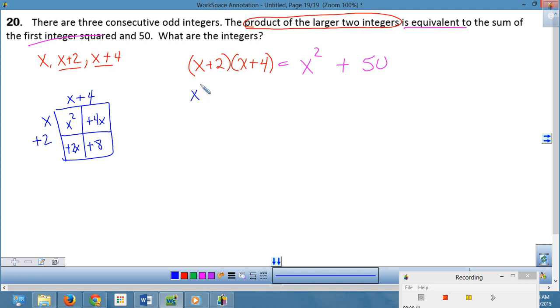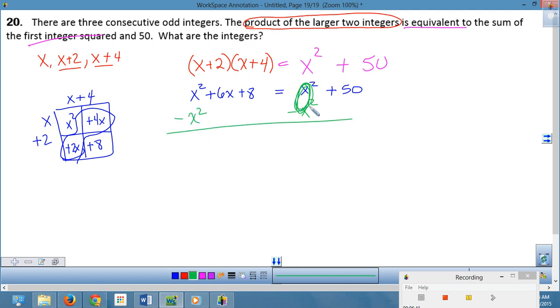So you get x squared, and we have like terms right here. 2 plus 4 is 6x plus 8 equals x squared plus 50. So now we need to get the x squareds together. So subtract x squared, subtract x squared. That gives you 0. So really all that's left is 6x plus 8 equals 50.